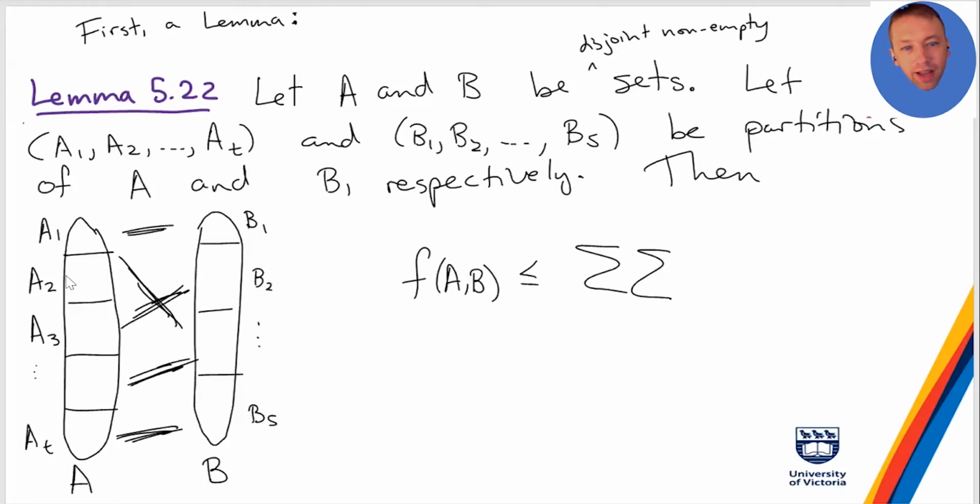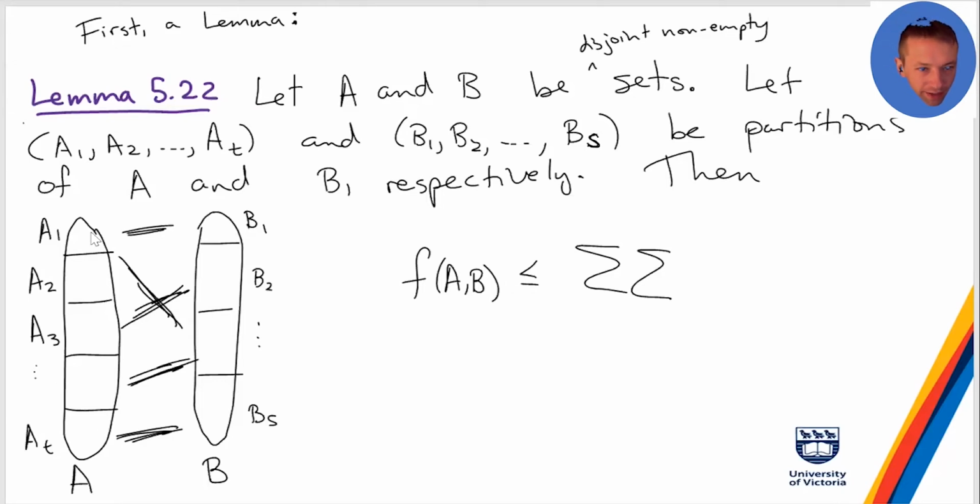So everything boils down to looking at a pair of sets. Let A and B be disjoint non-empty sets, and suppose we think of A, B as a partition of some set of vertices. Now we want to refine it. So we let A1 up to AT and B1 up to BS be partitions of A and B, respectively.